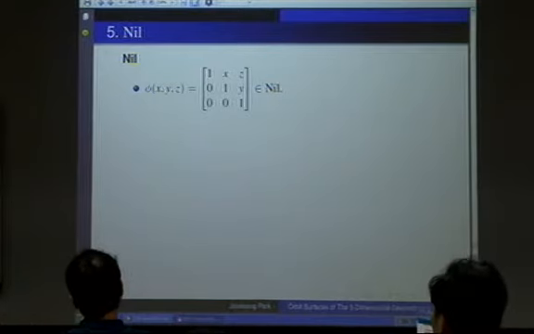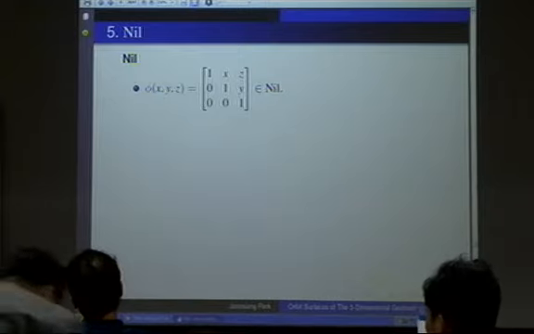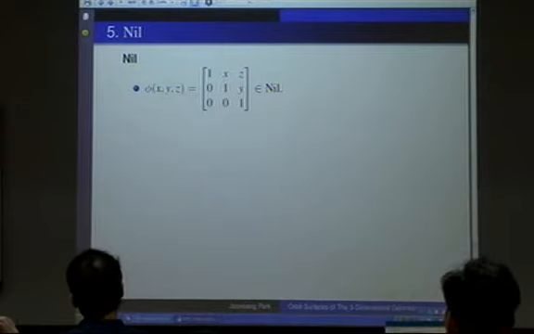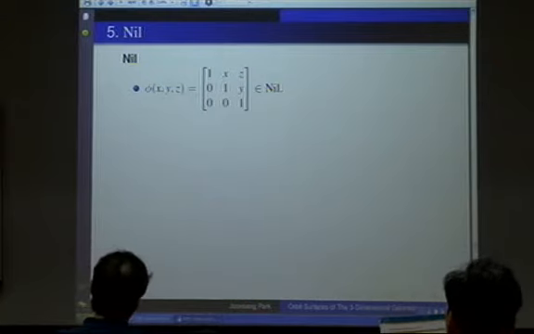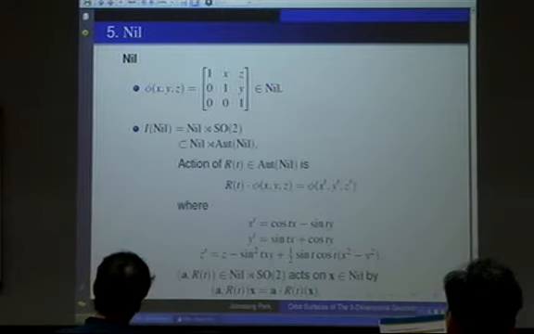Okay, let's go to the next case, the Nil case. If we use 3x3 matrices, the group Nil is the set of this kind of elements.